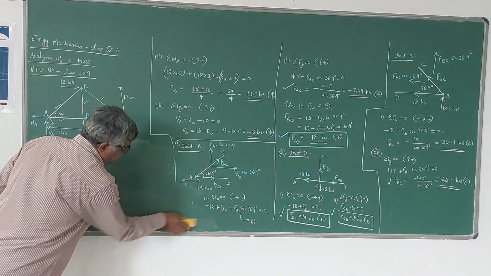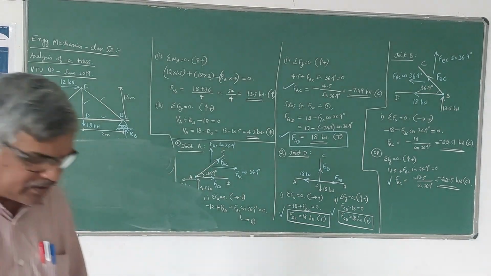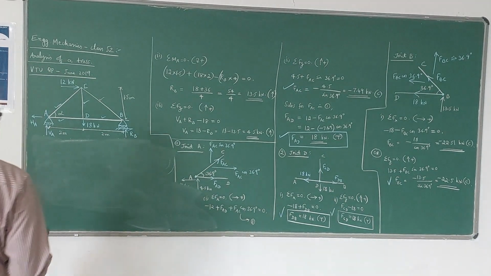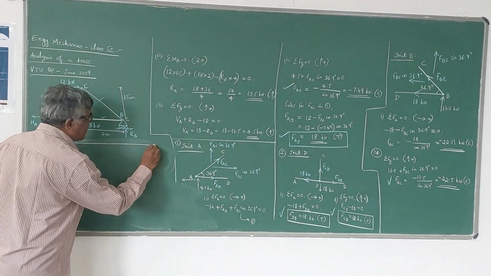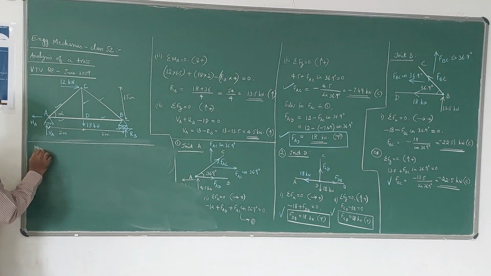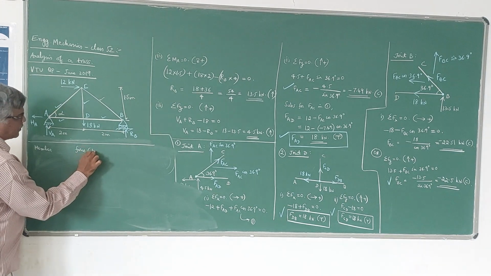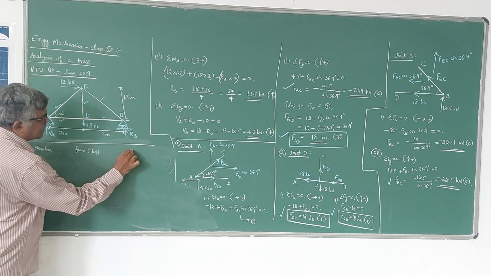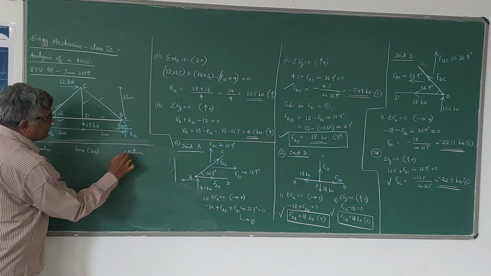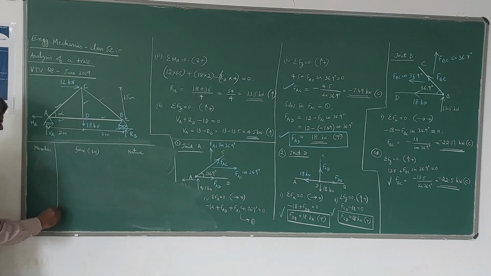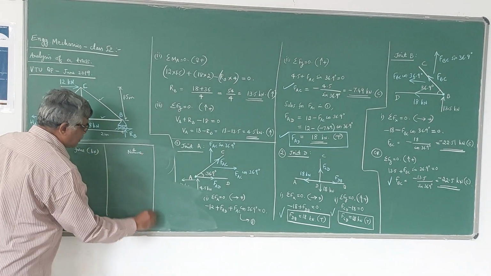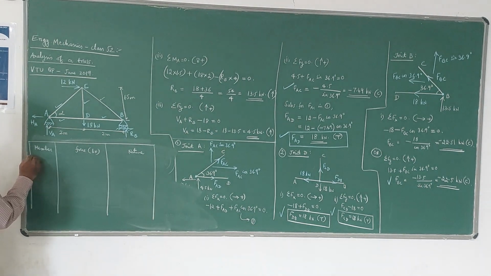Now if I write the tabular column, it looks like this. Member, force in kilonewton, then nature, whether it is compression or tension. So there are 5 members. So tabulation is done like this.